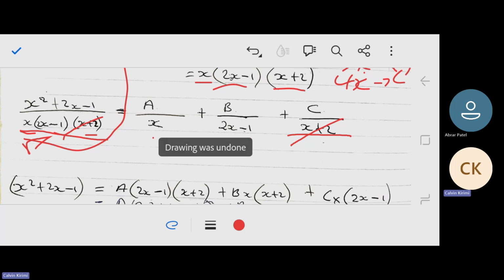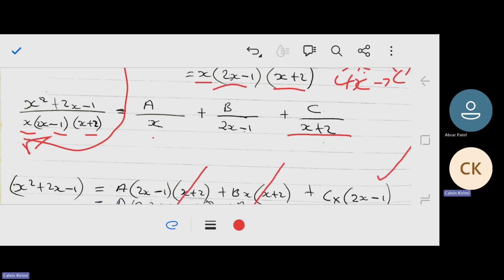So what is left now is for us to equate the constants, because we now know where this expression is coming from. You want to equate the constants so that you can solve for a, b, and c. To solve for a, b, and c, you are going to use elimination. In this case, if you let x equal minus 2, these two expressions are going to vanish.